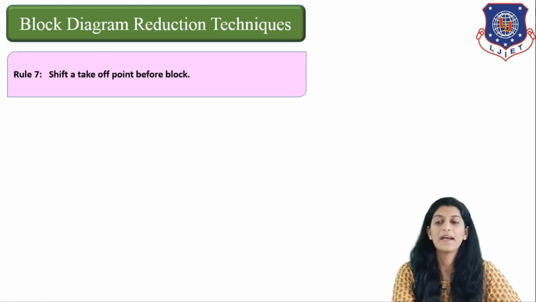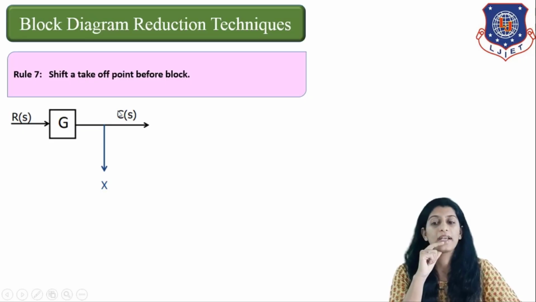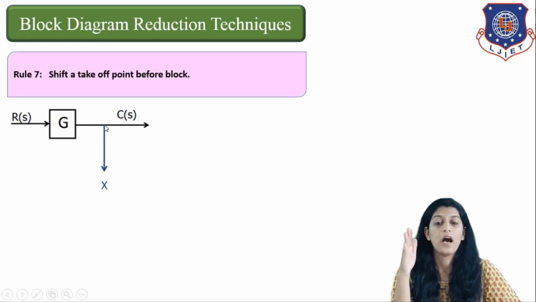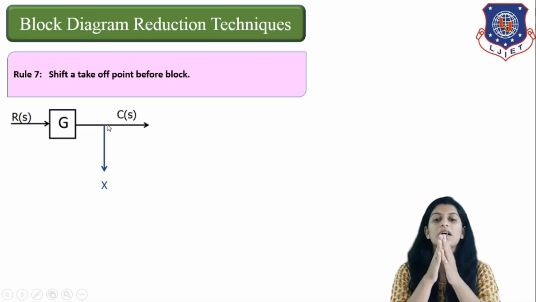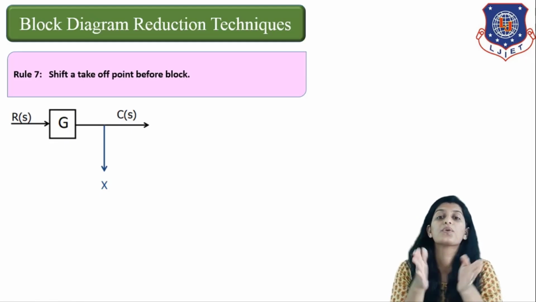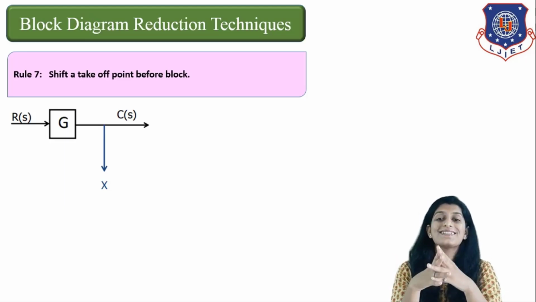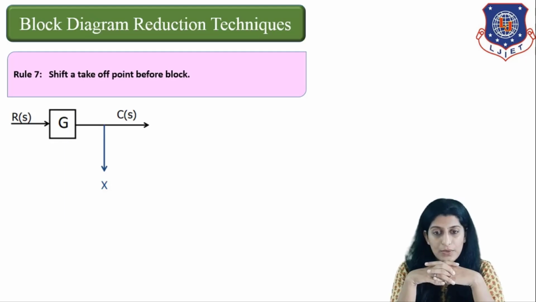Now, what do we mean by takeoff point? Let's see here. A takeoff point refers to a point where the outlet value is being distributed in two different ways. So we are just distributing the outlet values here.